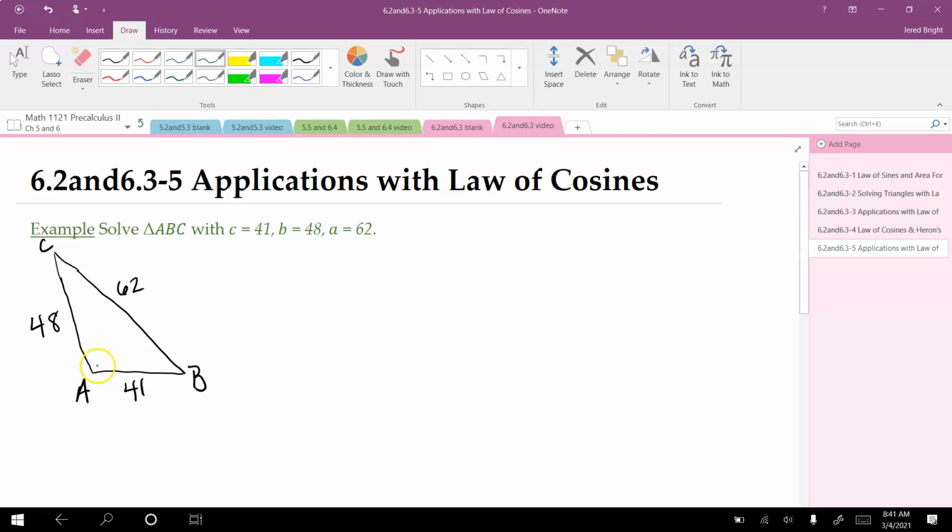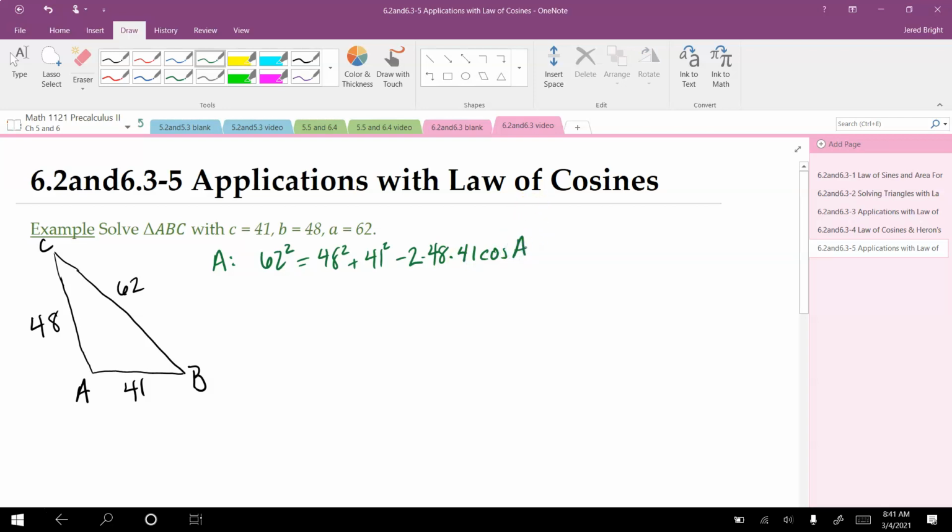Let's say I want to solve for A first, and to do that I'm going to use law of cosines. So to find A, the formula for law of cosines here would be A squared is equal to B squared plus C squared minus 2 times B times C times cosine of the angle included.